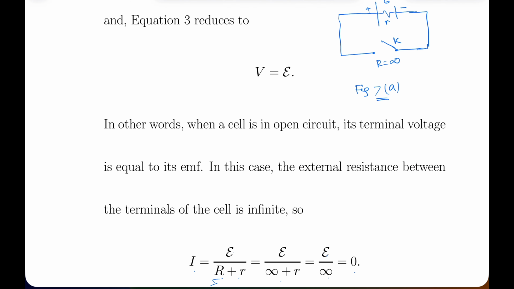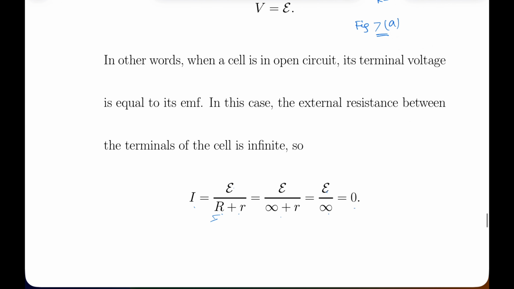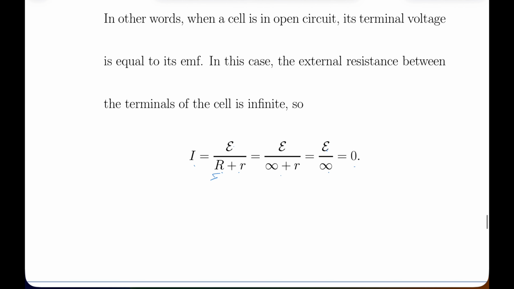The external resistance between the terminals of the cell is infinite, and therefore the current I equal to E upon R plus r, and because R is infinite, this is E upon infinity, so this is 0.